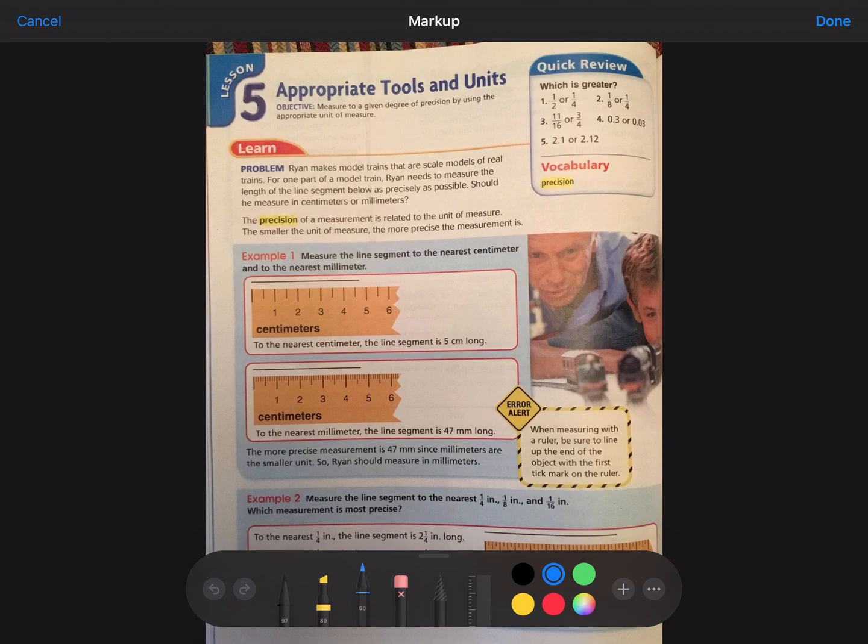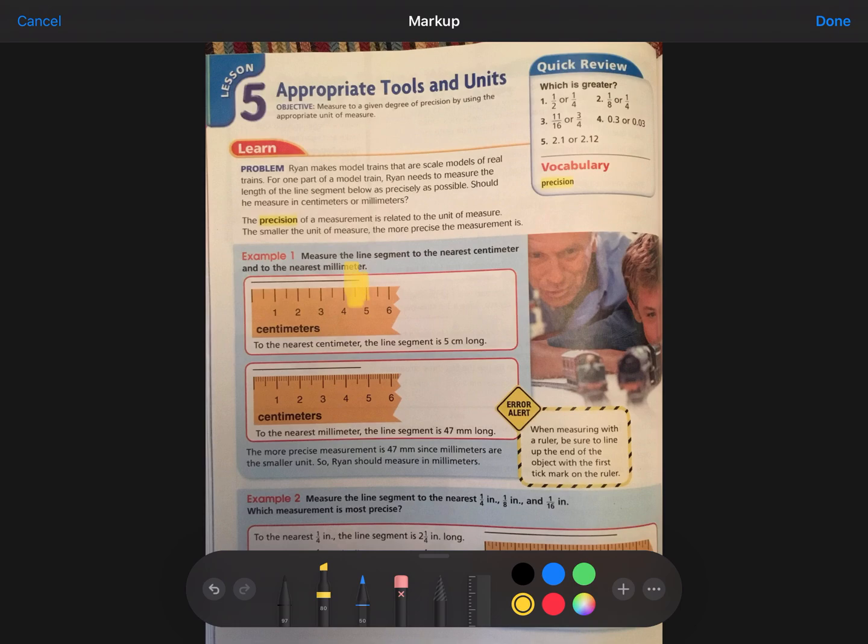First example, measure the line segment to the nearest centimeter and to the nearest millimeter. And they gave us two different rulers, one with centimeters, one with millimeters marked. So the first one, you can see where that line segment ends. Okay. And I can't be very precise, so I'm kind of going to use my highlighter here.